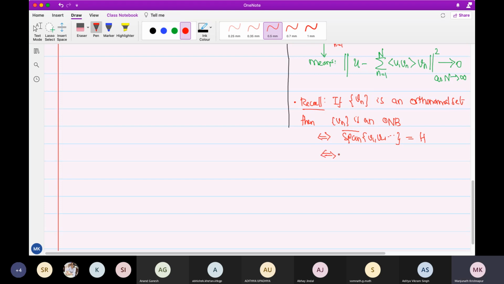That's also equivalent to a very useful criterion, the most useful way in which we always do this: there does not exist any non-zero vector that is orthogonal to all the Vns.